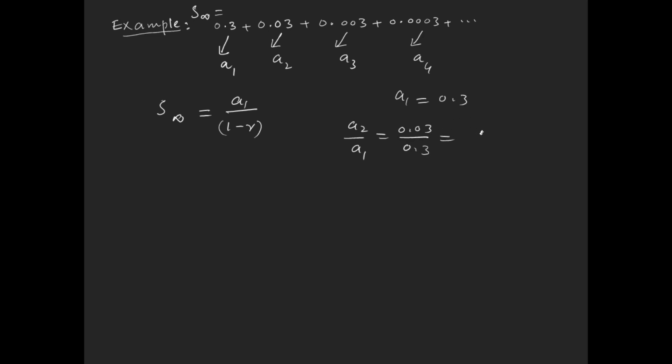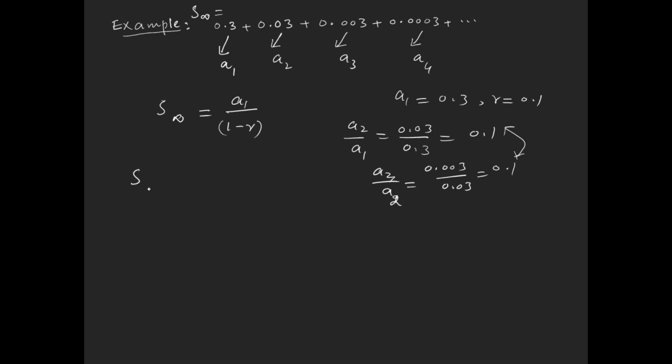So first find a2 divided by a1. The answer is 0.1. And then a3 divided by a2, 0.03 divided by 0.3, and the answer is 0.1. Since both a2 by a1 and a3 by a2 give the same answer, r is 0.1.